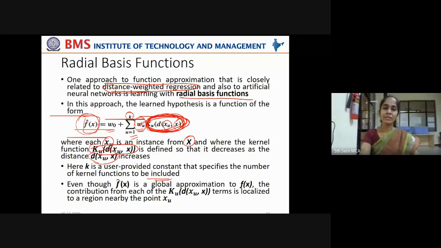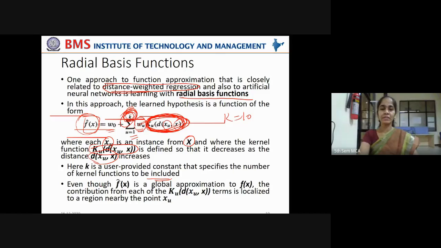Say if you want to take 3 kernel functions, then this K will be taken as 3. If you want to consider 10 kernel functions, then that K value will be taken as 10. It can be provided by the user.